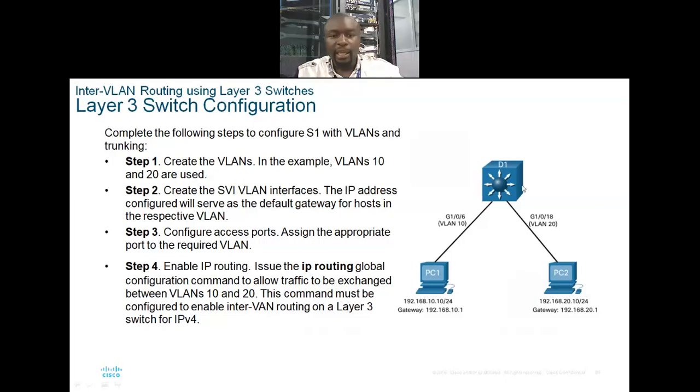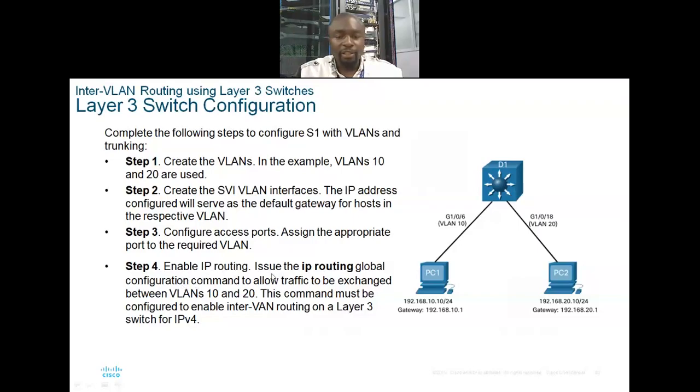2, create the switch virtual interface VLAN interfaces. The IP addresses configured will serve as the default gateways for hosts in the respective VLANs. 3, you configure access ports assigned to the appropriate VLANs. And then 4, enable IP routing.